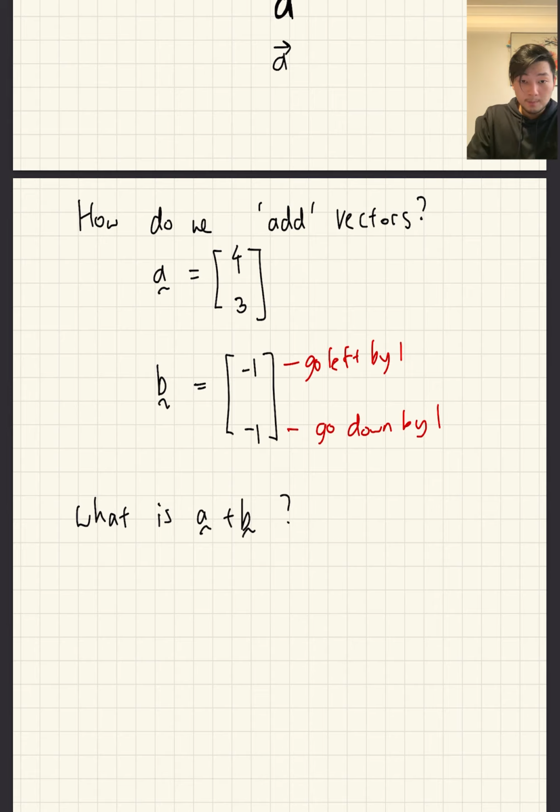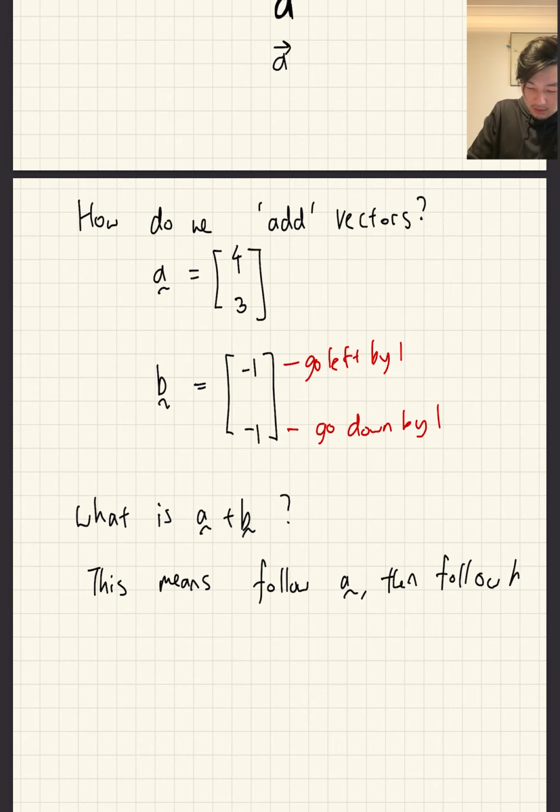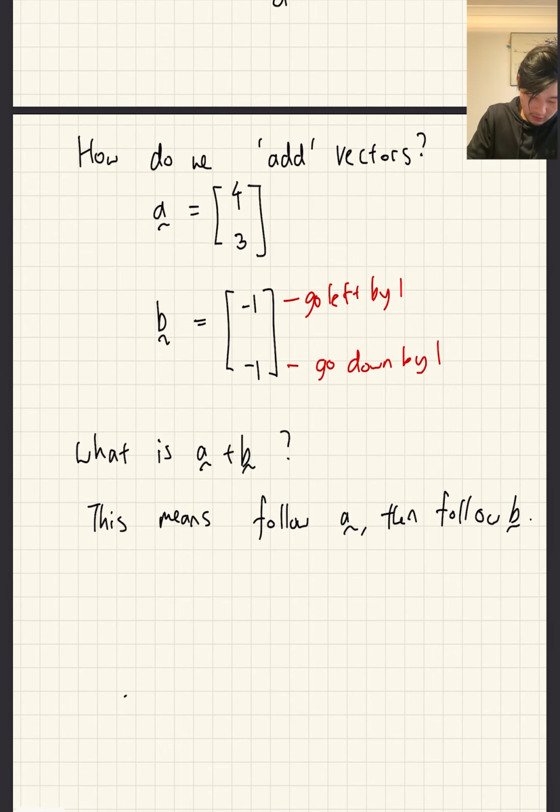This simply means follow a, then follow b, in simple terms. So how do we do that geometrically? Well, simple. We draw a first, so that means we go 4 to the right and then up by 3.